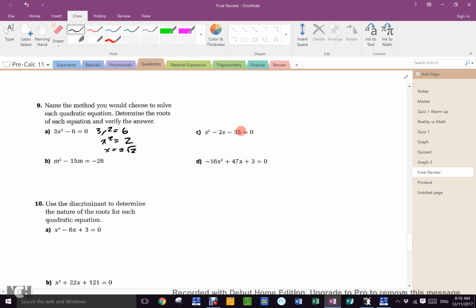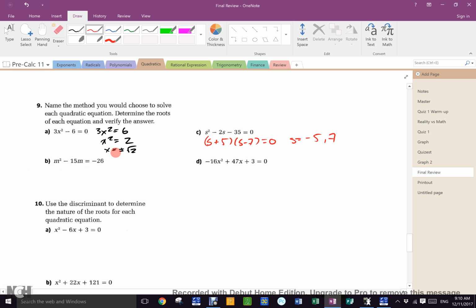Excellent. How are you going to solve that one? Factor. That's x plus 5, x minus 7 equals 0. So x has to equal negative 5 or positive 7.